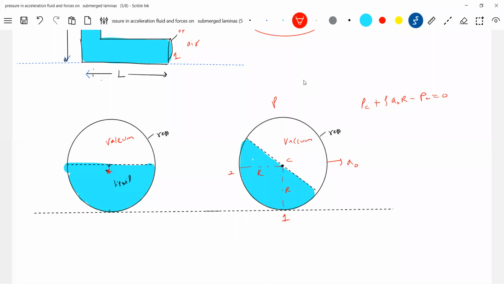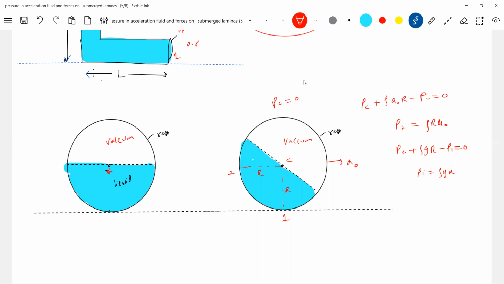PC is equal to 0 because of the vacuum. Therefore, P2 equals rho R A naught. PC plus rho g R minus P1 equals 0. So pressure at 1 and 2 will be equal when A naught equals g.